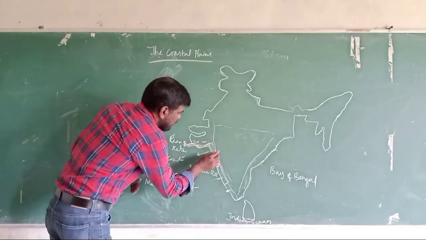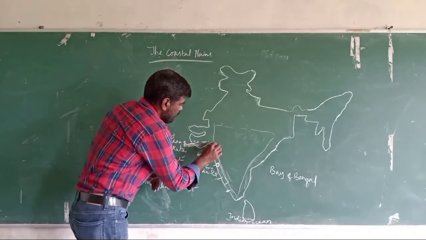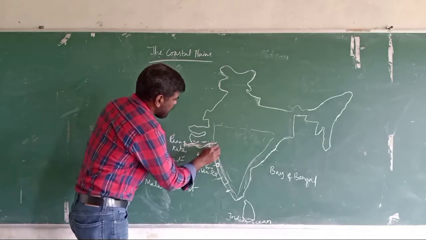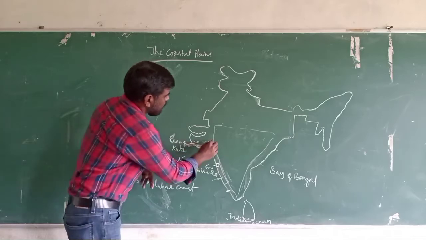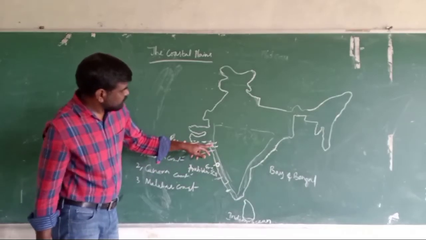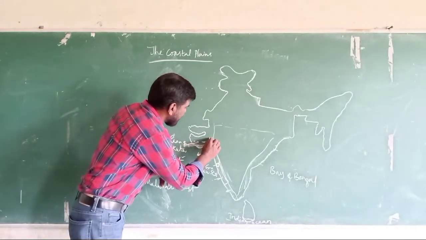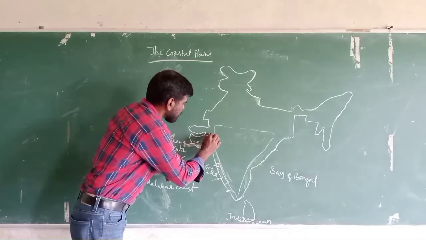On the north of Maharashtra, the rivers Narmada and Tapti form alluvial plains, and in Gujarat, rivers Mahi and Sabarmati.